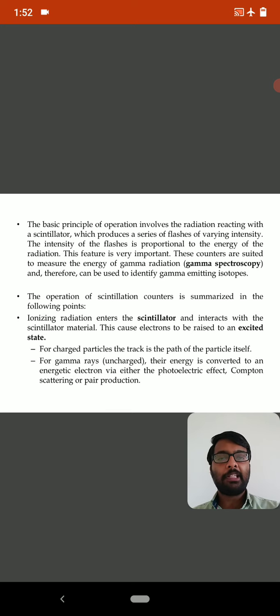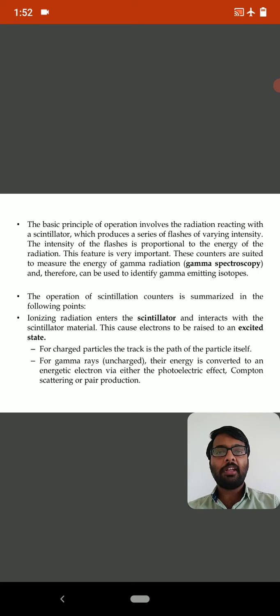So the basic principle of operation of this scintillation detector involves the radiation reacting with a scintillator, which produces a series of flashes of light with variable intensity. The intensity of the flashes is directly proportional to the energy of the incoming radiation.